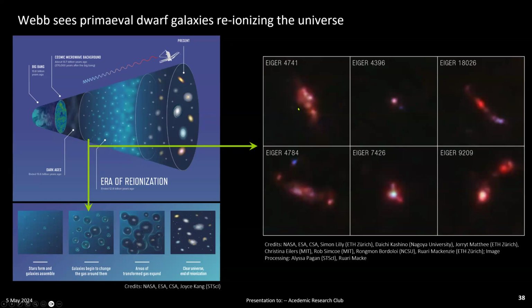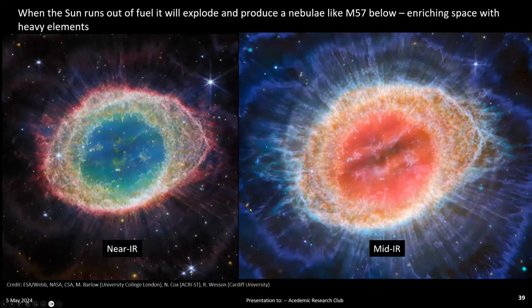And the Webb is seeing what is causing that reionization. The Webb is seeing that dwarf galaxies in the very early universe are ionizing bubbles in the neutral gas surrounding them, and these bubbles get progressively bigger and begin to coalesce to form the reionized universe.